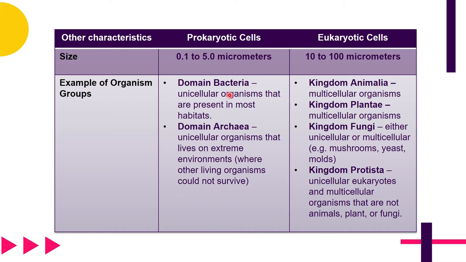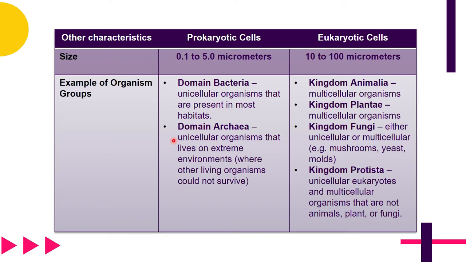And then we have another example of organism groups belonging to prokaryotes, made up of prokaryotic cells: the domain Archaea. These are unicellular organisms. Archaea, or archaeans, were at first classified together with bacteria because they are unicellular organisms. But later, they found out that archaea are not found everywhere.